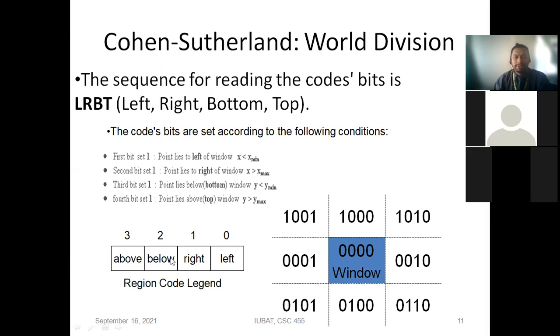For bottom, or below, the 2nd position, so 0100, this is how we count. And the top is the fourth position, so that is 1000. So we have got those four bit codes by following LRBT.